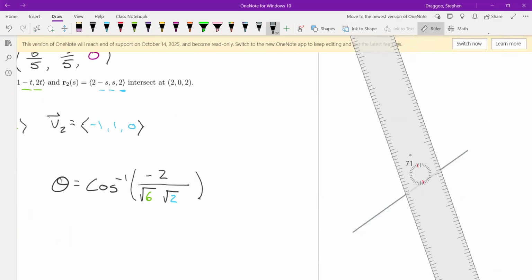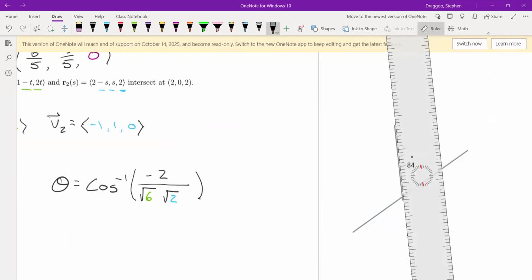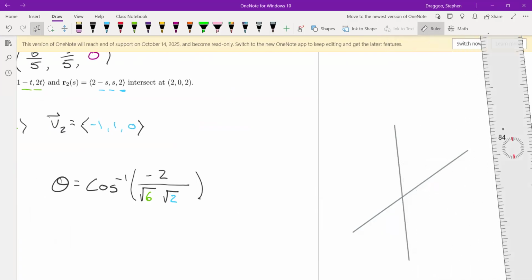So if I look at the intersection between two lines, I can see that there are two angles that are going to be generated, being these two angles here. I'll call them theta number 1 and theta number 2.